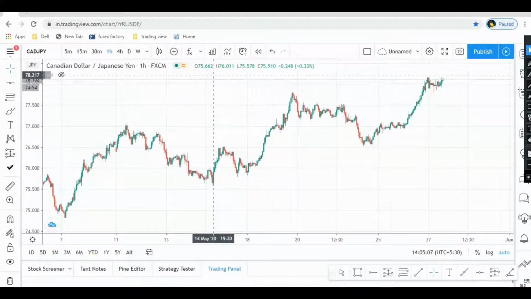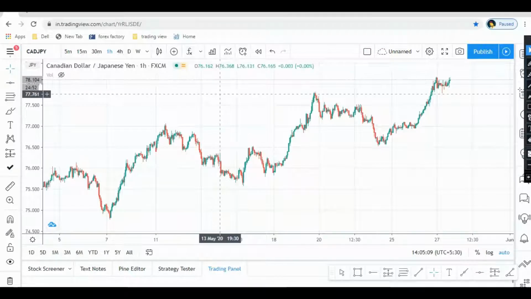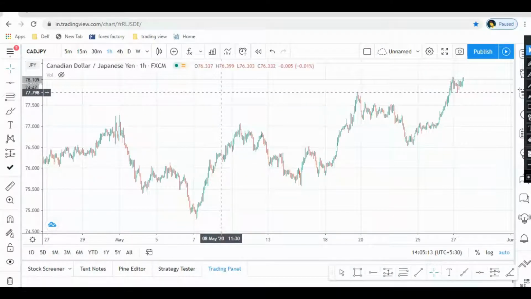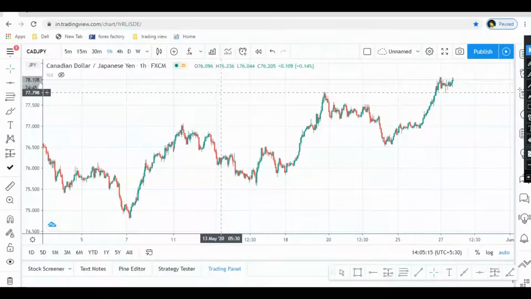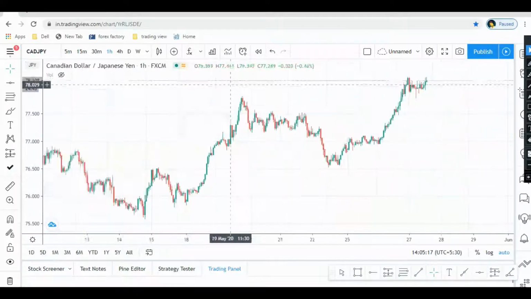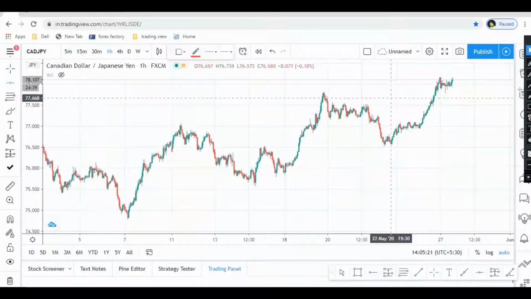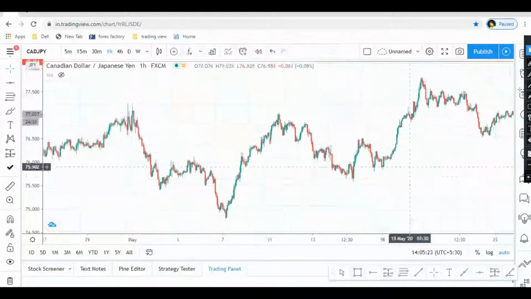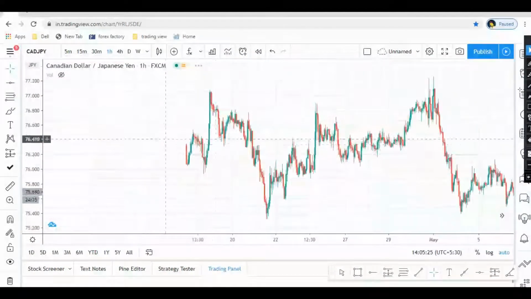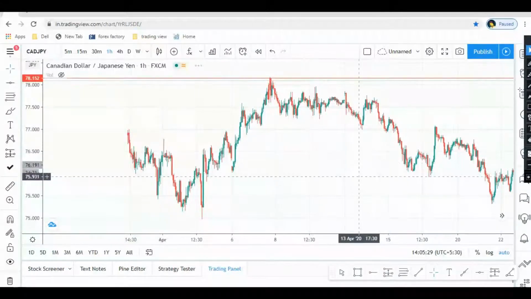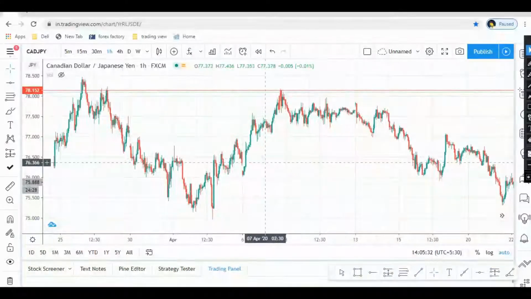Okay, in CAD JPY I can see this is our nearest resistance zone, and right now price is there. And how strong? Okay, all right, I will rely on this.